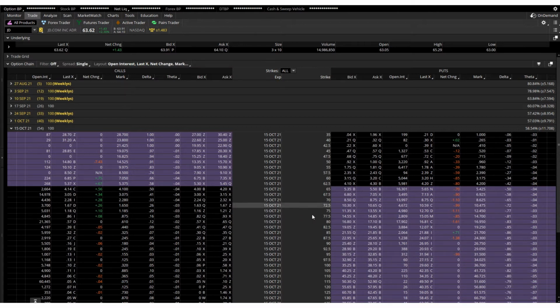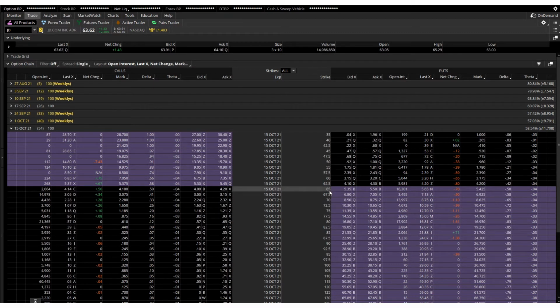One other thing here of note is that these strike prices that are highlighted in purple, the purple indicates that these strike prices are considered in the money. So for example, 62.5 is in the money because it's lower than the 63.62 price, so it's in the money by about 80 cents maybe, right?